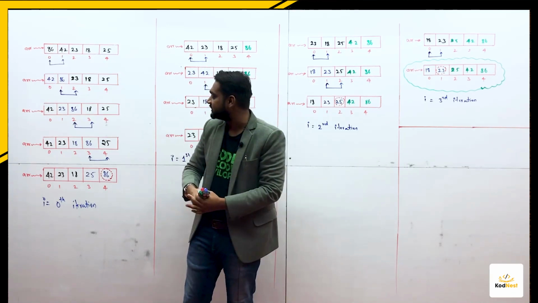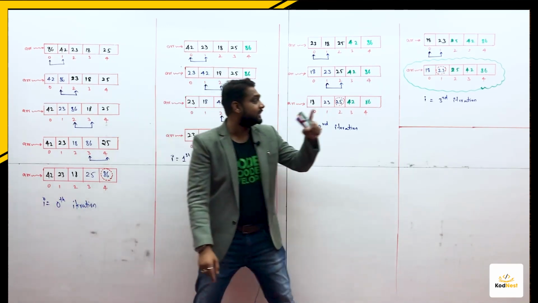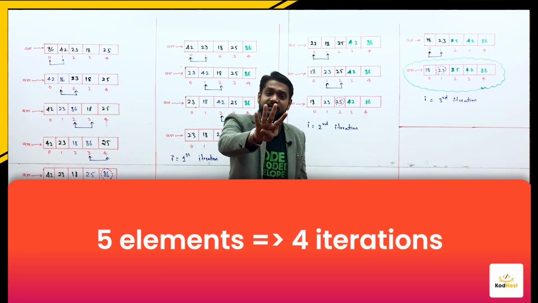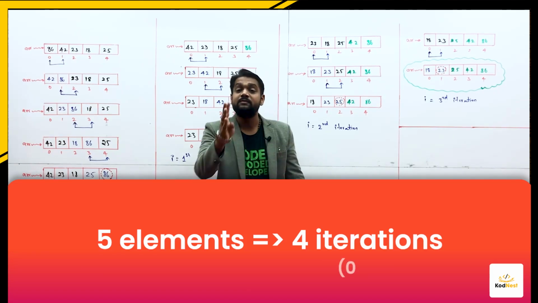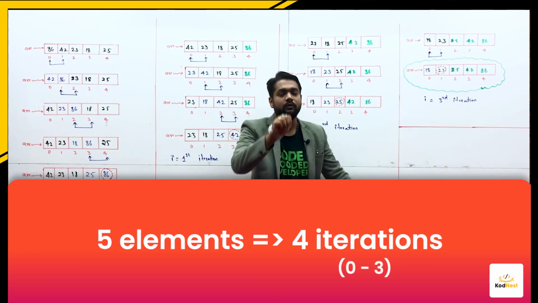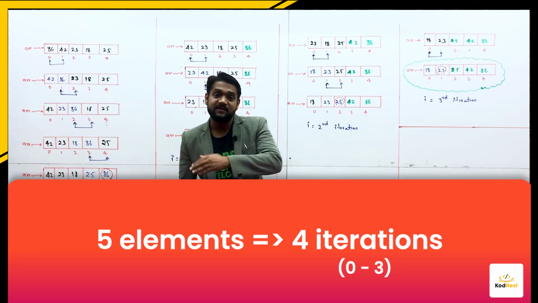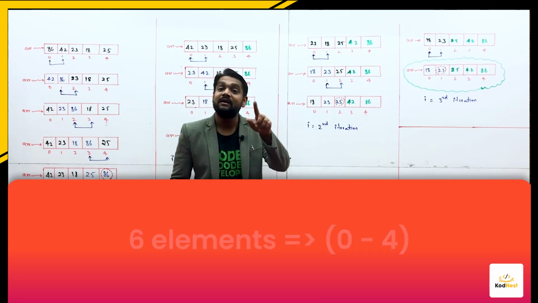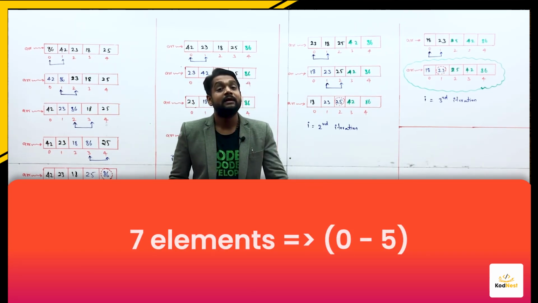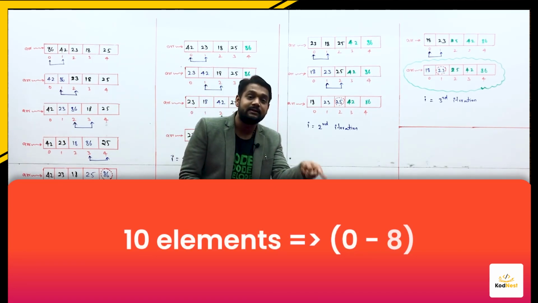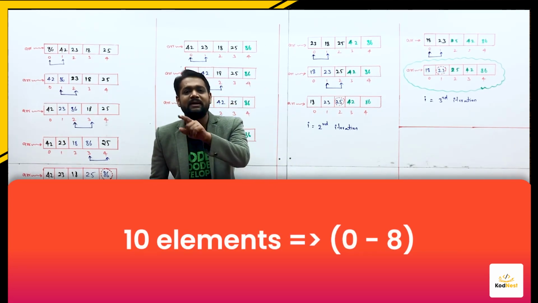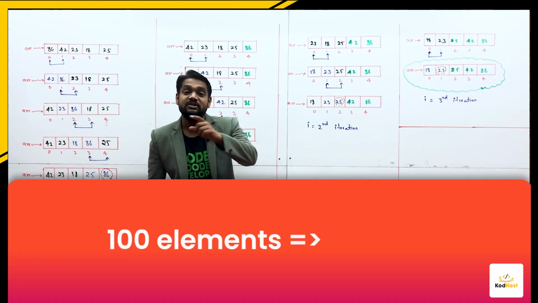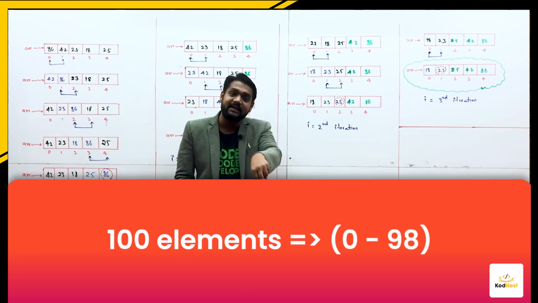But that count of 4 is starting from 0, so from the 0th iteration until the 3rd iteration. 5 elements means 0 to 3, from 0 to 3 is 4. 6 elements means 0 to 4. 7 elements means 0 to 5. 10 elements means 0 to 8. 9 iterations only, but 0 to 8 is 9, no? 100 elements means 0 to 98. 0 to 98 is 99, correct.